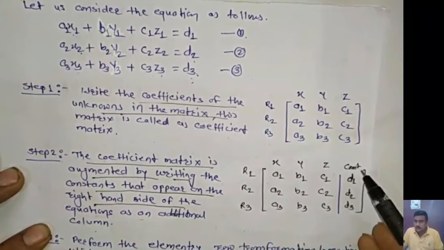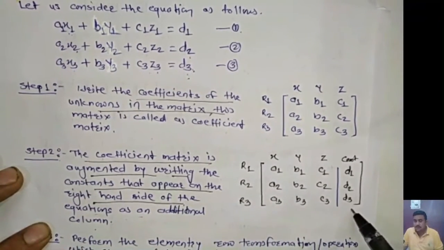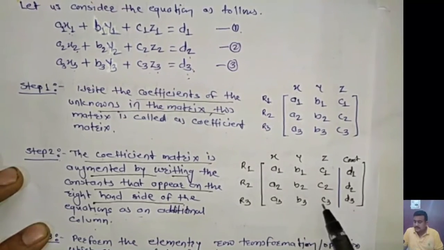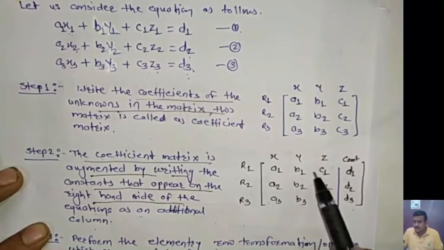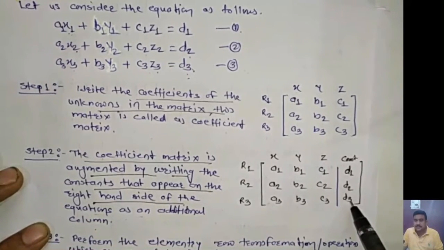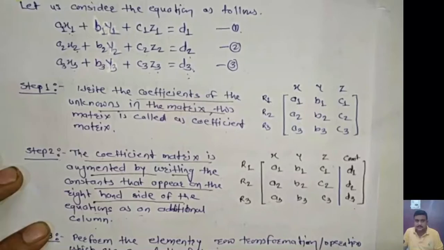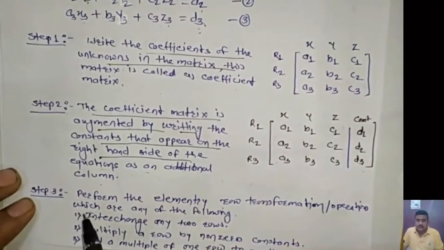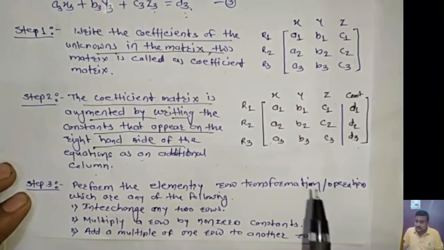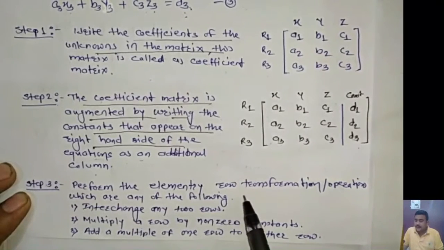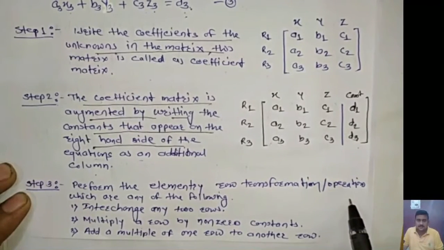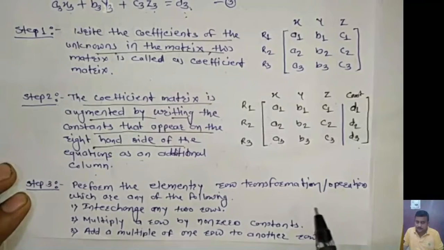So we have written the values of the constants in an additional column here. These columns contain the values of the coefficients of x, y, and z, and this column contains the values of the constants.